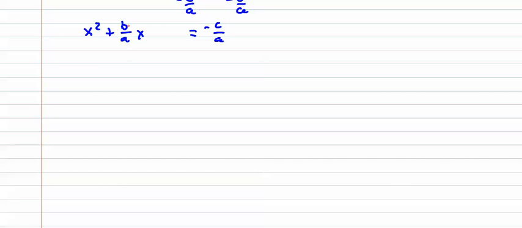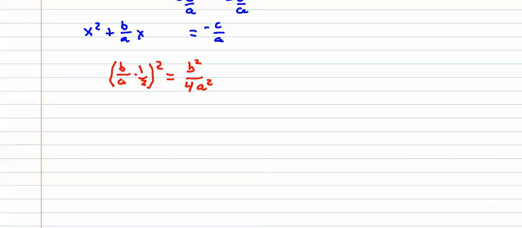We take half of this linear coefficient, so we have b over a times 1/2, because we need half of it, and we square it. We square everything in the parentheses. We get b squared, we get 2 squared, which is 4, and we get a squared.